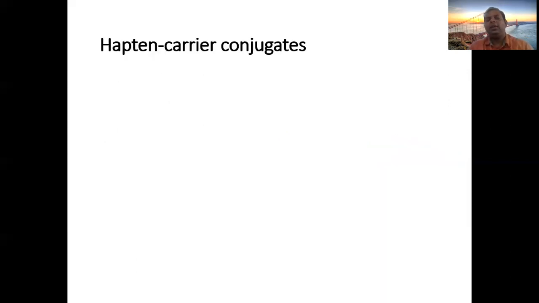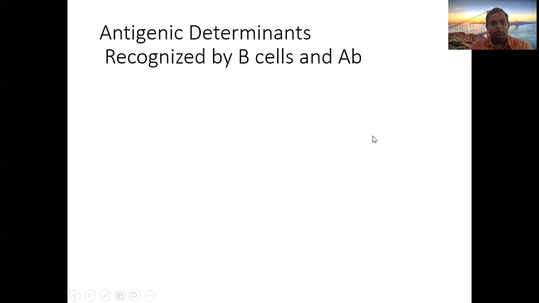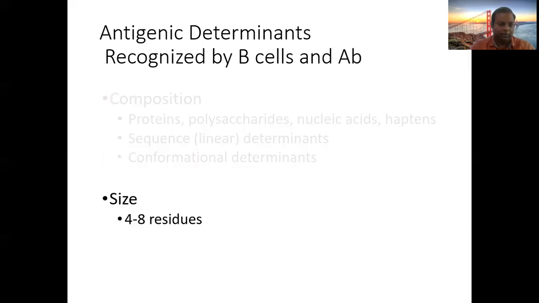Then hapten-carrier conjugates. You know native determinants and haptenic determinants. Likewise there are haptens and carriers, conjugates. It's a carrier, and it's a hapten determinant, recognized by B cells and antibodies. As I said earlier, composition, sequential determinants, and conformational determinants, like size, all matter.